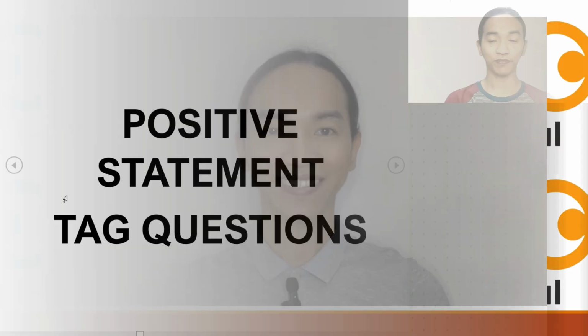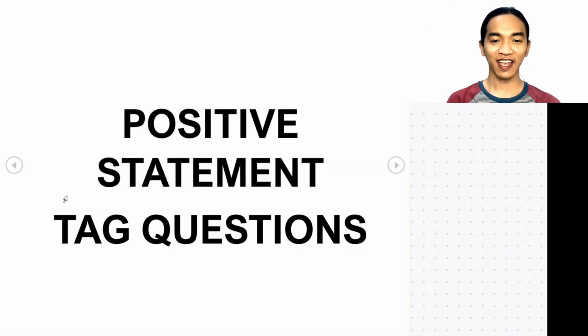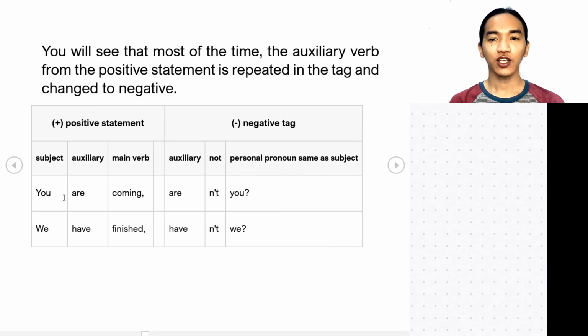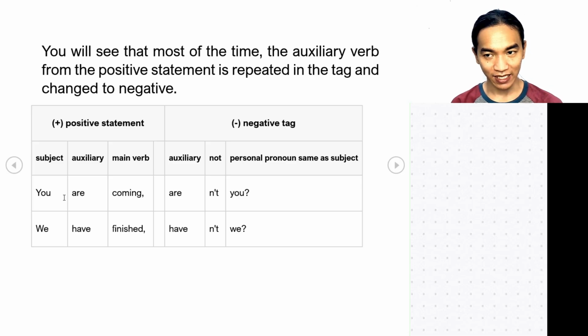Let's go. So, for today's discussion, let's talk about one of the most common sentence structures for our tag questions. So, we will be talking about positive statement tag questions. Most of the time, the auxiliary verb in the positive statement is repeated in the tag and changed to negative.